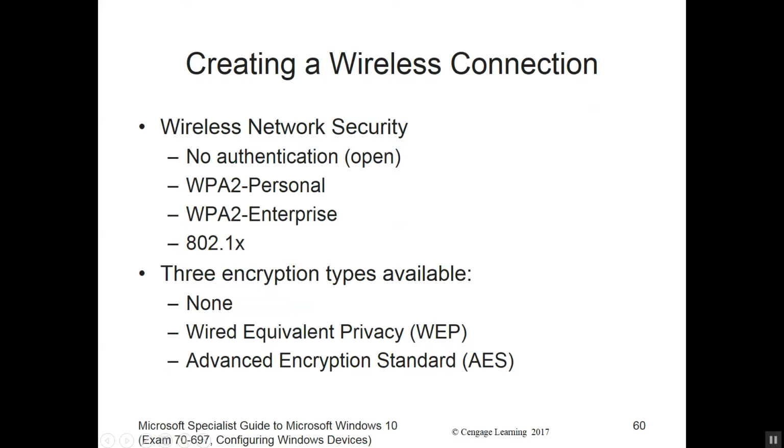Anybody can access it. We've also got WPA2 personal, WPA2 enterprise, and 802.1x. There's 3 encryption types that are available when we're talking about Windows 10: none, WEP, and AES. Now, WEP's outdated. It's fairly easily hacked because it's low-level encryption.